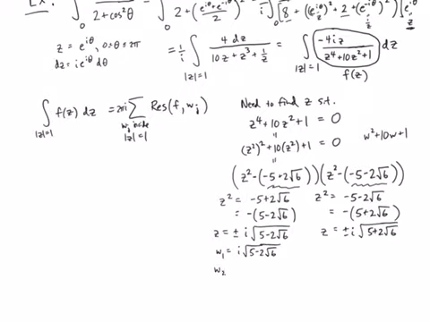Then w2 is negative w1, and that's also the same thing as w1 bar, the conjugate of w1, since that's a purely imaginary number. And we also have w3 over here. We'll say that's i times the square root of 5 plus 2 root 6. And similarly, w4 is negative w3 and also w3 bar.